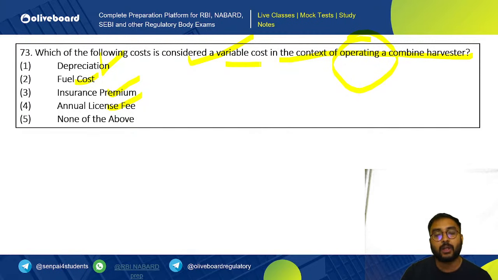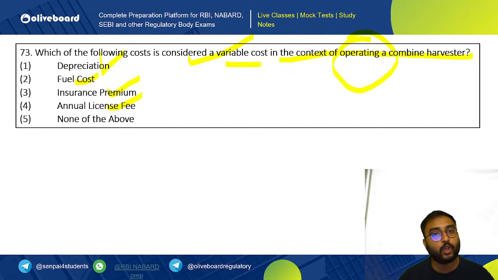Variable cost is the cost that changes according to changes in production. If your overall production increases or decreases and therefore your cost increases or decreases, then it is called a variable cost.